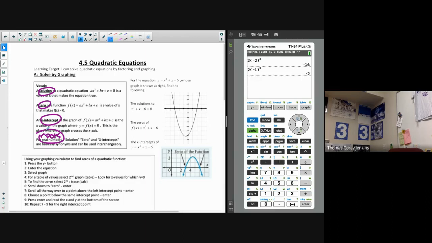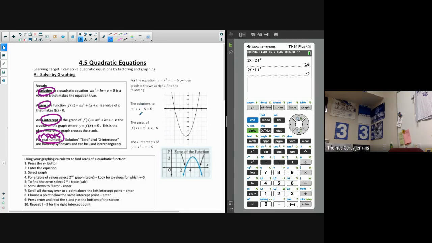Example 1 is about solving by graphing. I know this is hard to see, so I'll read it. The solutions to x squared plus x minus 6 equals 0. We're finding the solutions to that equation.